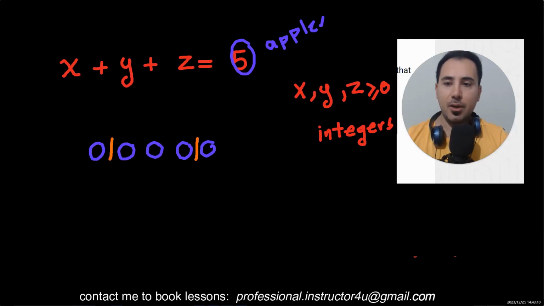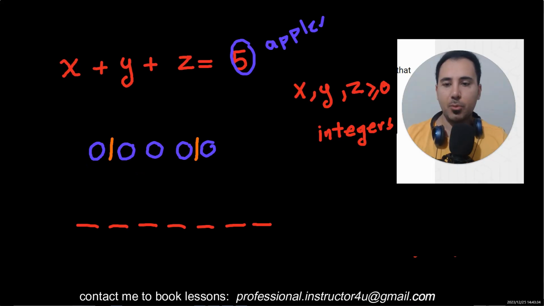Now how many ways can we put 2 bars among 5 apples? We're going to learn that. How many items do we have? We have 5 apples and 2 bars, so it makes 7 items. For each of them, I'm going to draw a place. So we have 7 places.